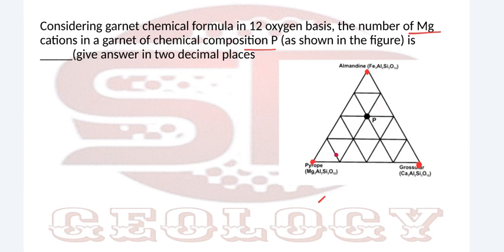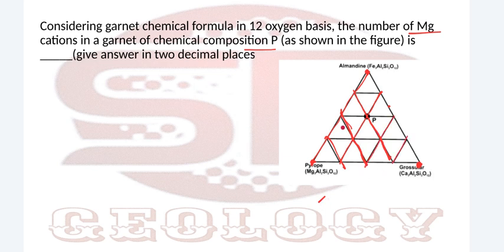Here only 4 divisions are there, so each line increases by 25. This is 0, this line indicates pyrope value 25, this line 50, this one 75, and this point indicates 100%. Similarly, the grossular value is 0 on this line and then increases towards grossular: 25, 50, 75, 100.